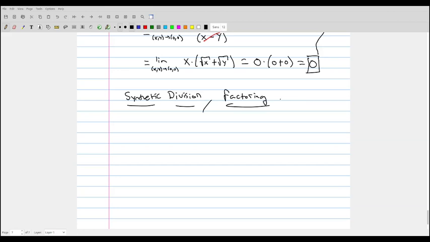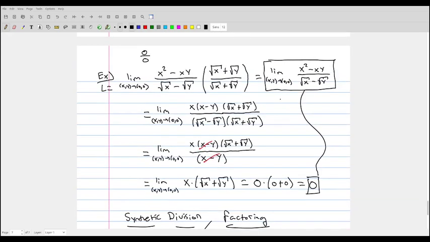There are so many different useful algebraic techniques that we can use to simplify functions and simplify the calculation of limits if we have to. Whenever you get an indeterminate form like that, the limit may actually exist if you can simplify either the numerator or the denominator.